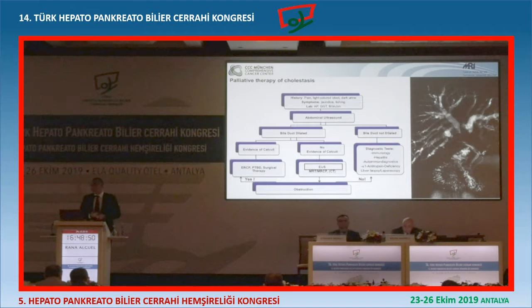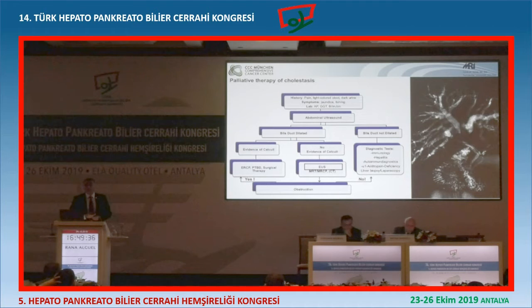Very easy and quick technique, but it gives you fundamental information in terms of whether or not the bile duct is dilated. If the bile duct is not dilated, you need another workup, ruling out autoimmunological disorders in the liver. But if the bile duct is dilated and you do not see any evidence of calculi, as a gastroenterologist, you can offer EUS, which is also a very important tool in the differential diagnosis of jaundice with biliary obstruction.